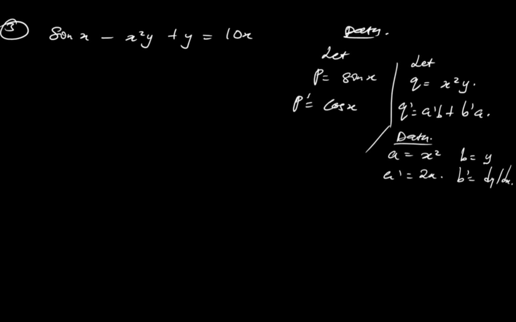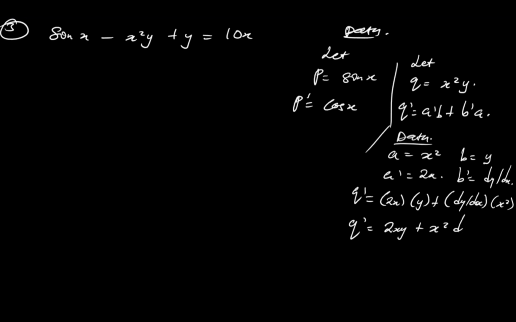If we substitute for this, we end up having q prime being equal to, remember, a prime b, so a prime is 2x, b is y, plus b prime, which is dy over dx, b prime a, and a is x squared. So q prime is equal to 2xy plus x squared times dy over dx. So that's for x squared y.